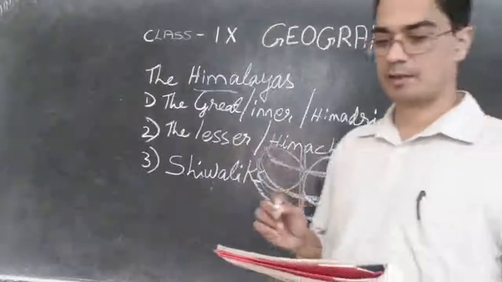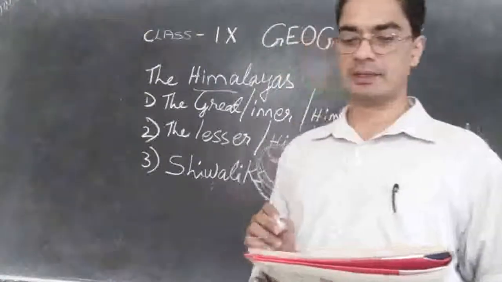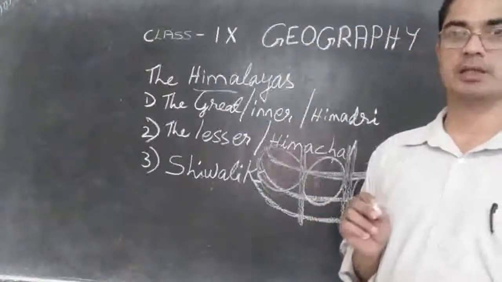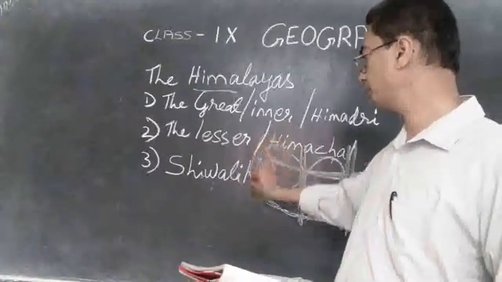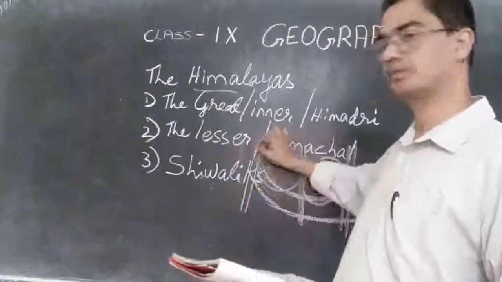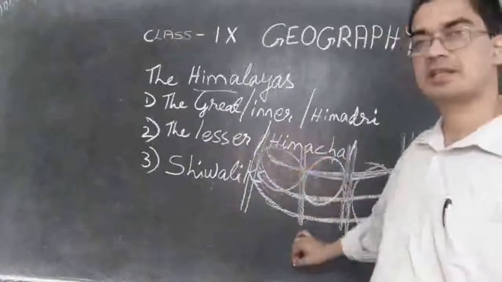For example, the part of the Himalayas lying between Indus and Satluj. Two rivers: one river is Indus, another river is Satluj.